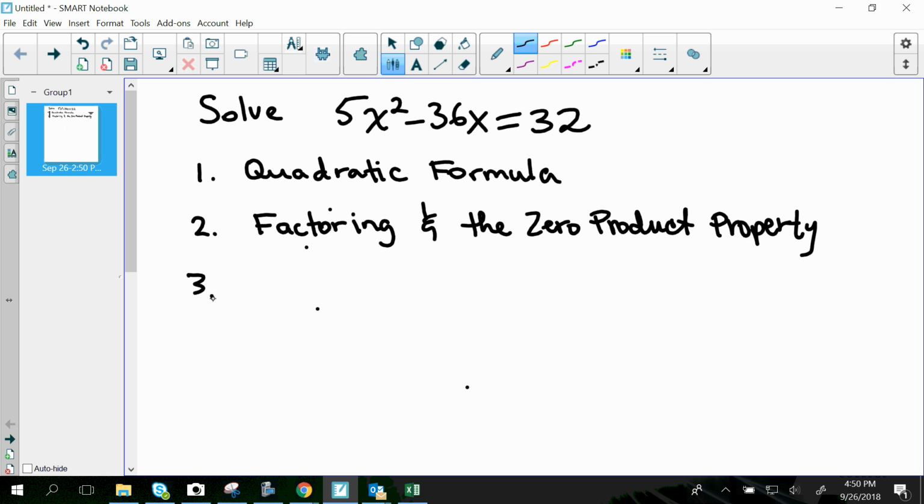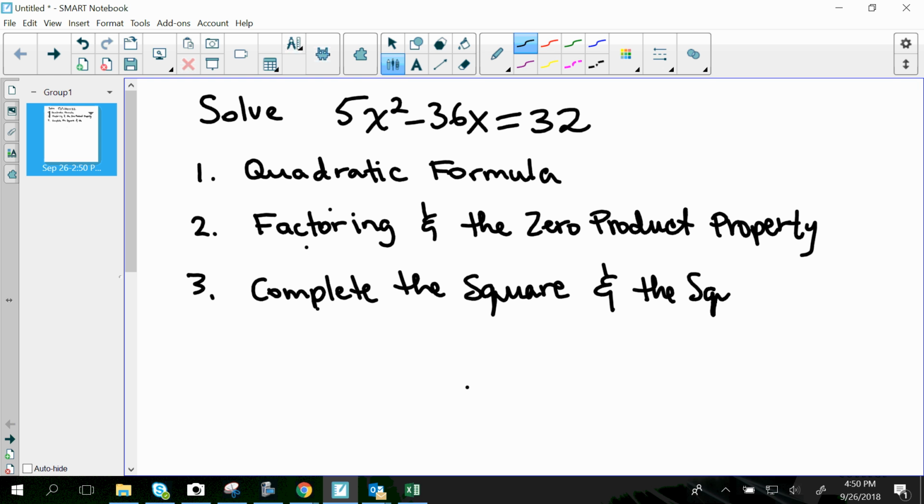And then we will also do it by completing the square and the square root method.